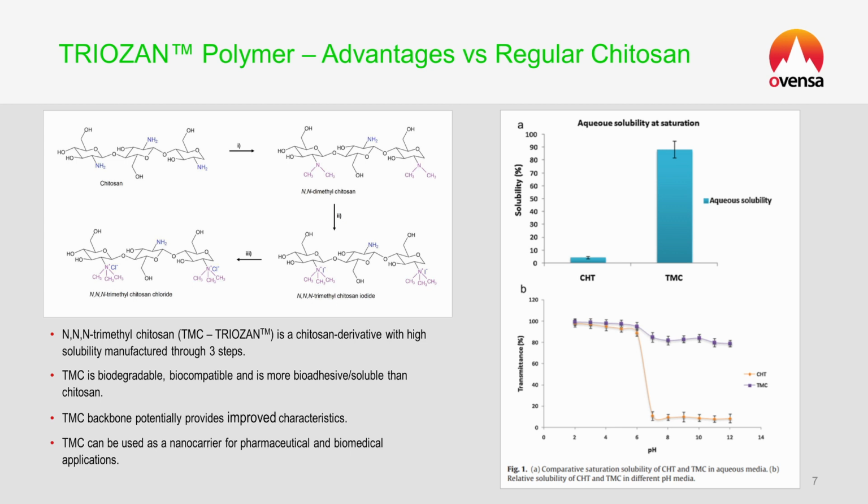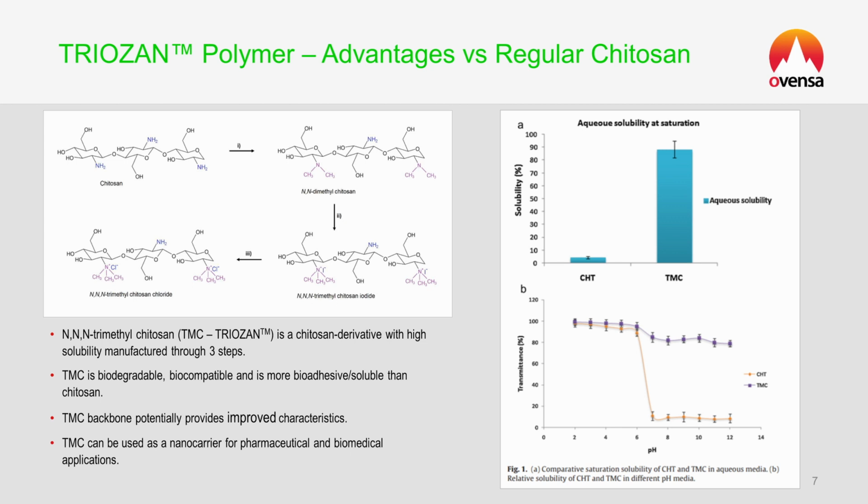And companies tend to go towards something that is more natural and easy to exploit. So I've been collaborating with Ovensa, a company in Canada, and they have a technology which is trimethylchitosan, a very interesting material and very easy to make.